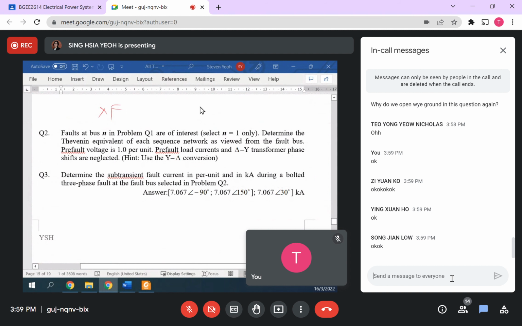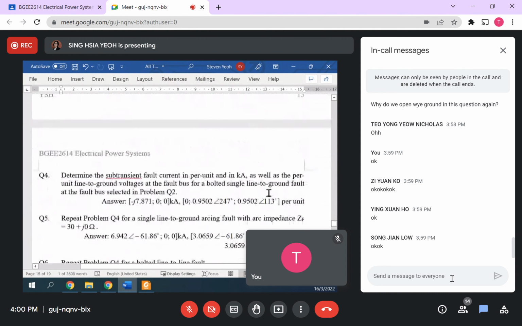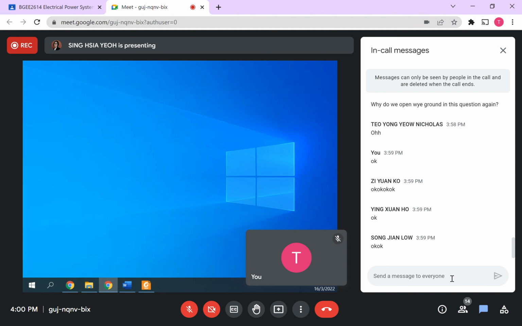Next, question 2 is done. Question 3: determine the subtransient fault current in PU and in kA during the bolted three-phase fault at the port bus. Questions 3, 4, 5, 6, 7 all follow questions 1 and 2.